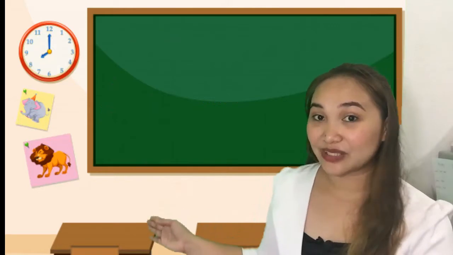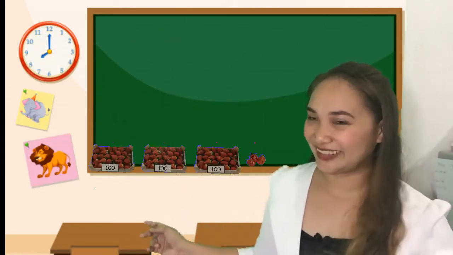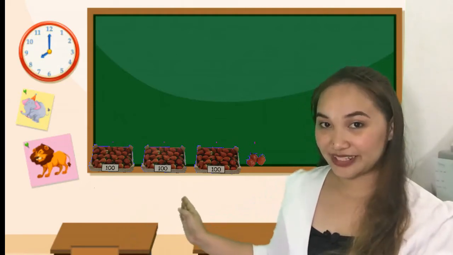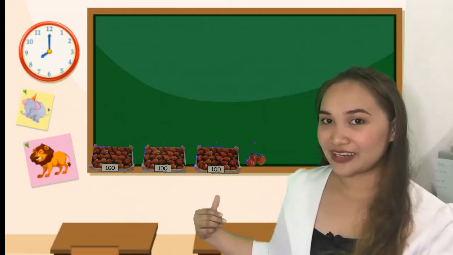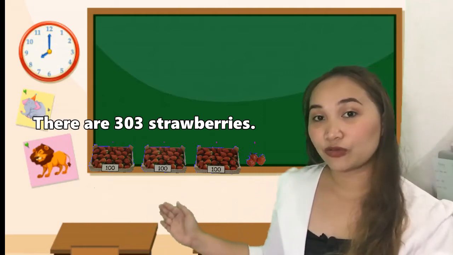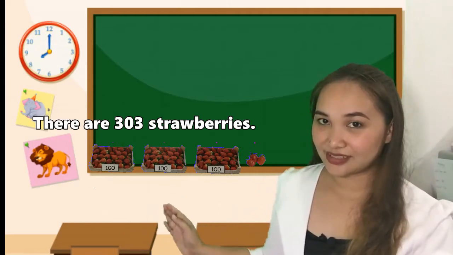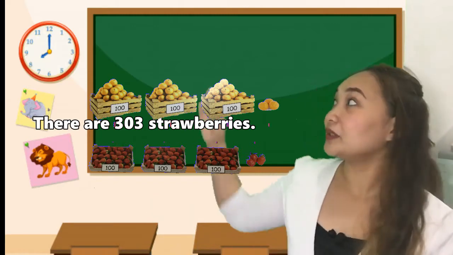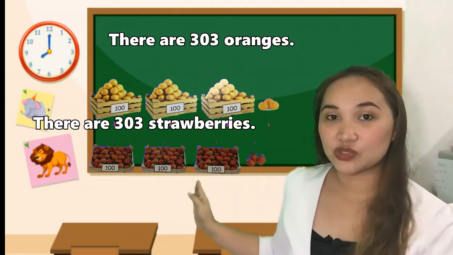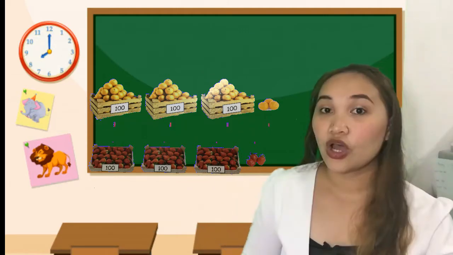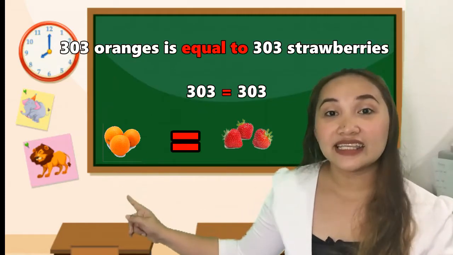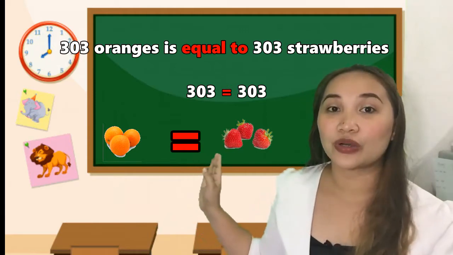Okay, so how about our strawberries? Can you help me count our strawberries? Okay, thank you. 100, 200, 300, and 3. So there are 303 strawberries. So there are 303 oranges and 303 strawberries. So we can say that our oranges are equal to our strawberries.